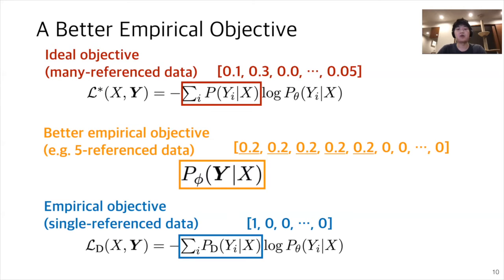Instead of having only one reference, we can have multiple references. So, for example, say we have 5 references, then in the probability distribution, there will be 5 values that are not zeros. And we can use this new probability distribution to train our model. But how can we get such a probability distribution?